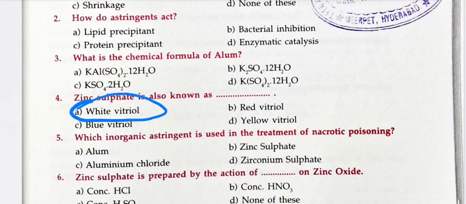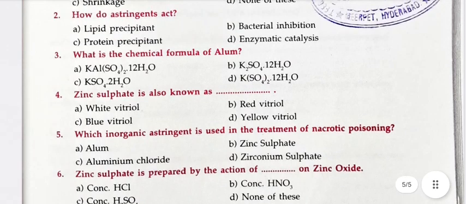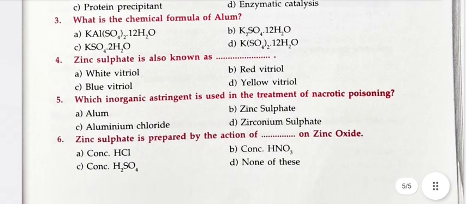Mercuric oxide, yellow vitriol, that you have not read about. So you know white vitriol, and blue vitriol is copper sulfate, and green vitriol is ferrous sulfate. And fifth one: which inorganic astringent is used in the treatment of narcotic poisoning? Zinc sulfate is the answer.